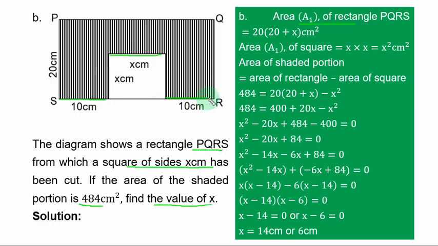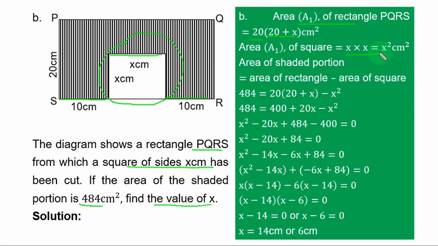So the length is 20 plus S, while the breadth or width is 20. So this is the area of the rectangle. Then area of square. For a square the sides are equal. So the area of a square is S times S, that is S squared centimeters.